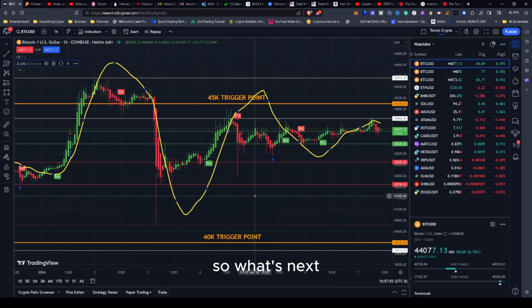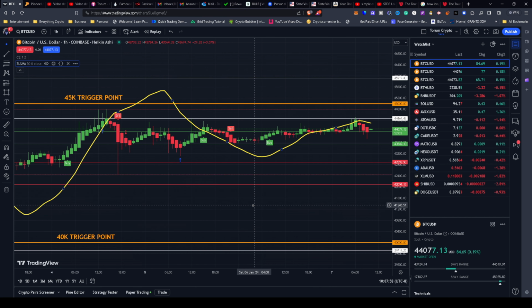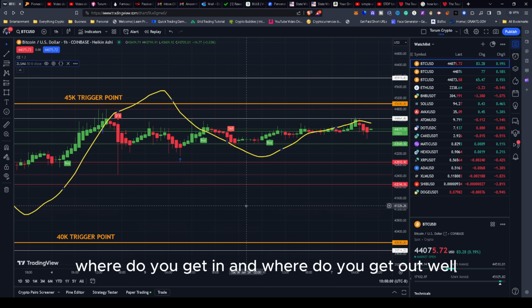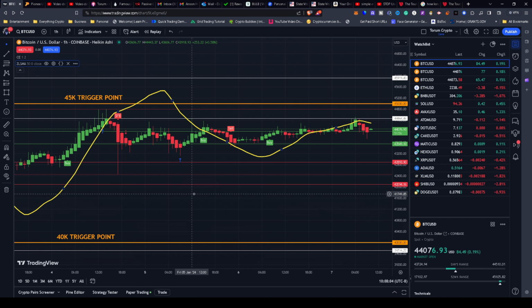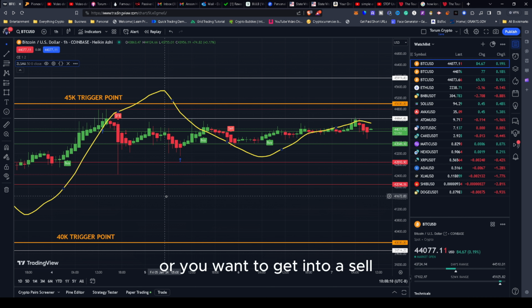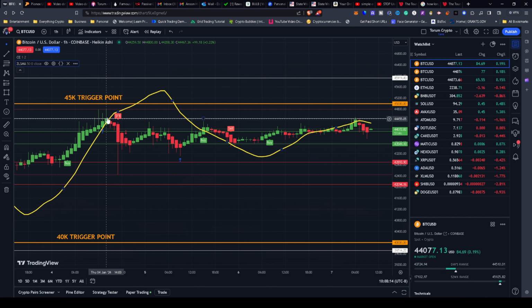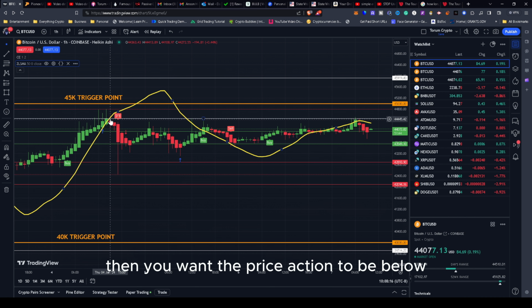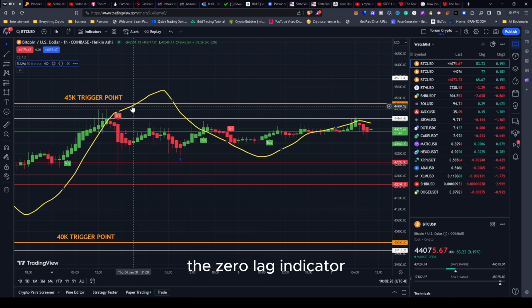So, what's next? Where do you get in and where do you get out? Well, if you're selling, or you want to get into a sell, then you want the price action to be below the zero lag indicator.